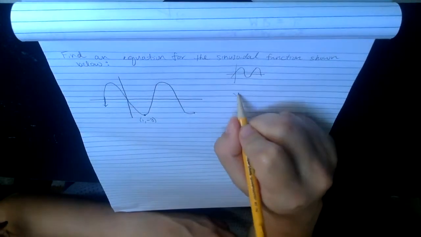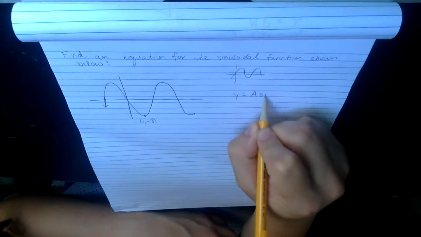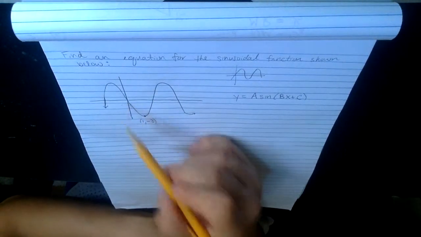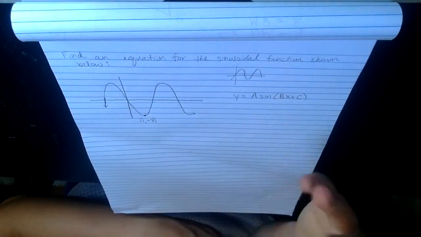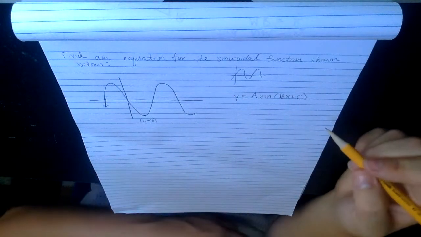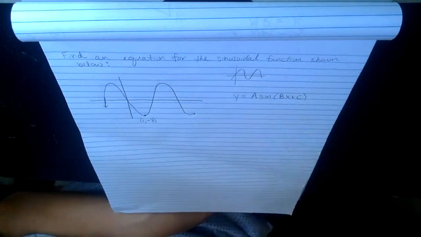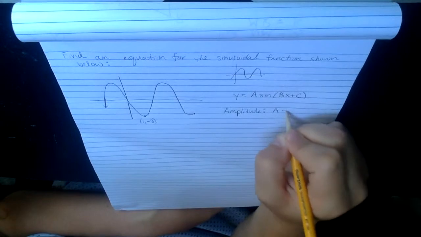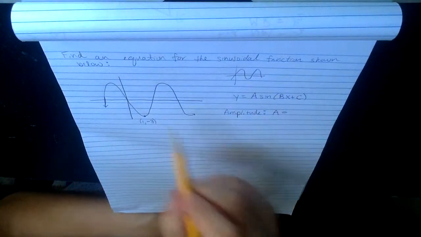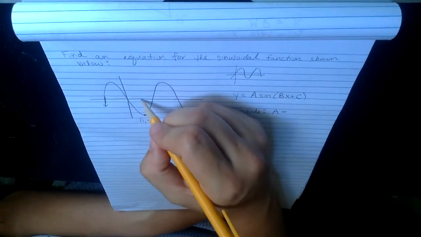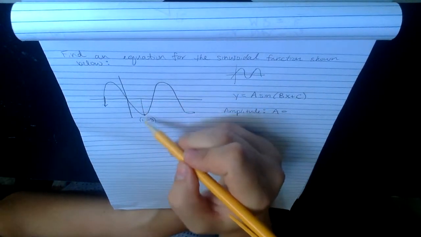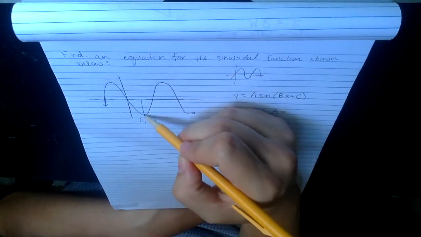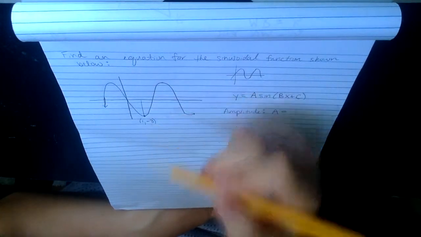Okay, so I'm thinking that this is going to be of the form y equals a sine of bx plus c, and possibly plus d, but this looks like it's centered around the x-axis, so I don't think I'm going to be shifting this vertically at all afterwards. Okay, so A, let's remember our amplitude is given by A. What we're looking for is how far away from the x-axis this gets, so essentially half of the length from the very topmost point to the very bottommost point in the y direction.